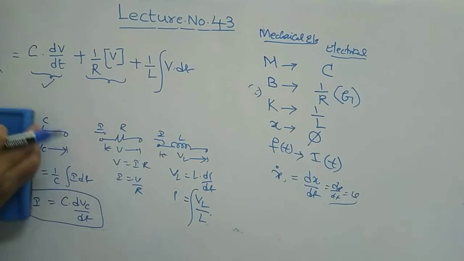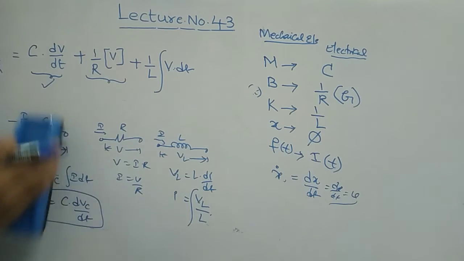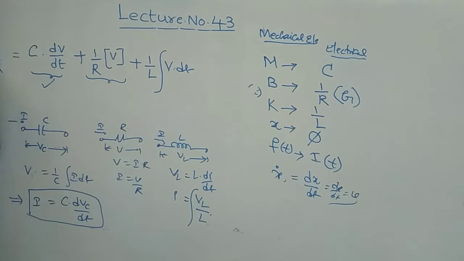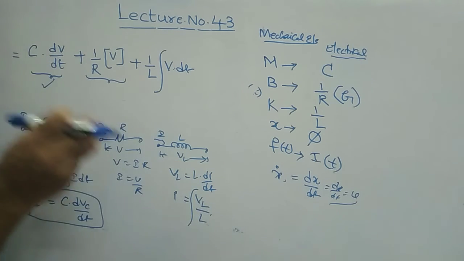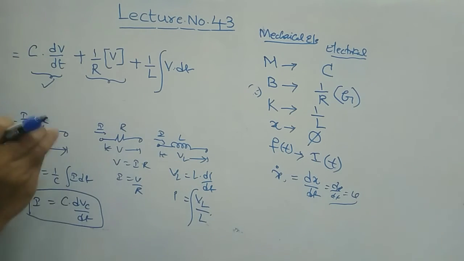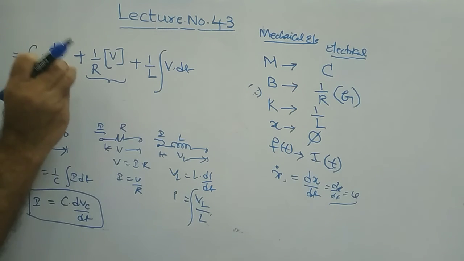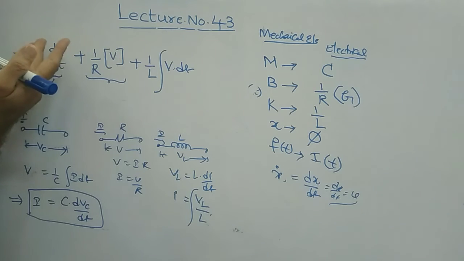I think understood. This is what we are writing actually. So for the given mechanical equation, you just write the equivalent, either it is capacitance or resistance, whatever it is, and just write what is the current equivalent of that. That's it.